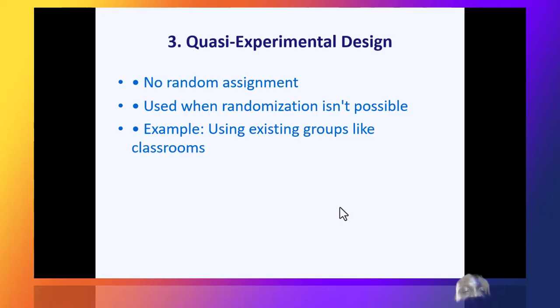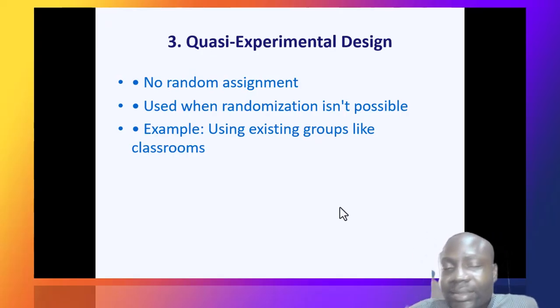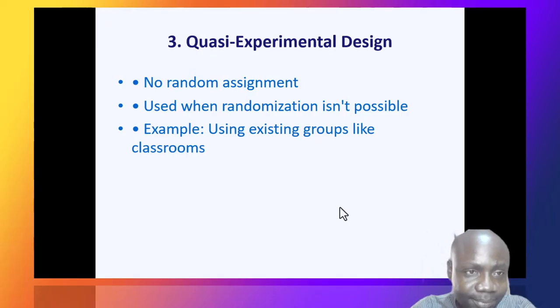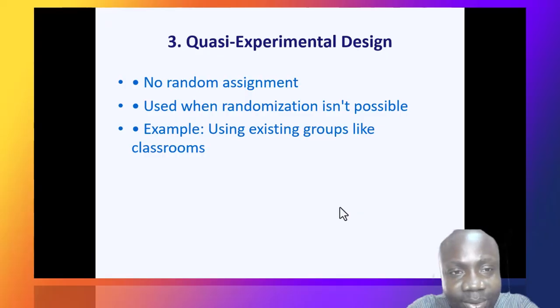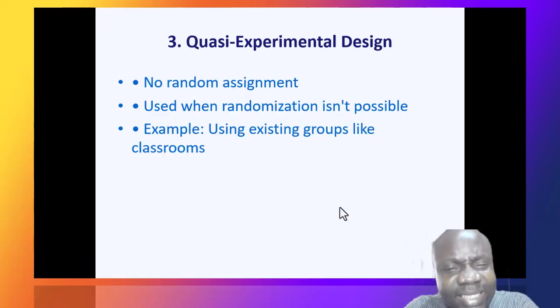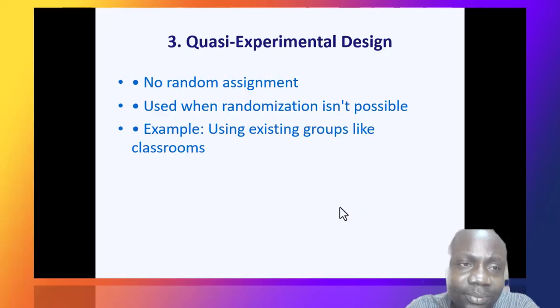And the quasi experimental research design is actually the research design that is used in education and in humanities, where it is very difficult to assign participants to treatment. In other words, you have a treatment which is a teaching strategy.